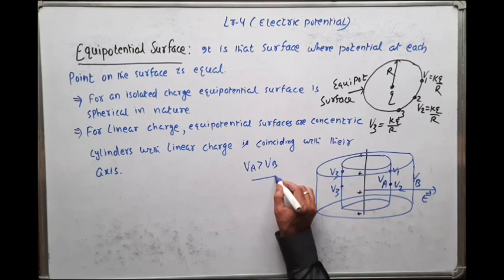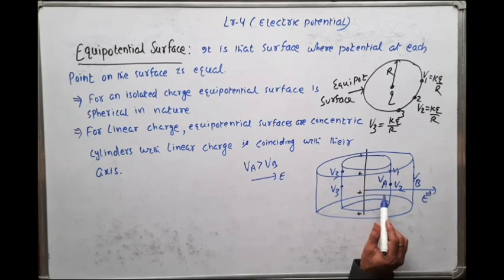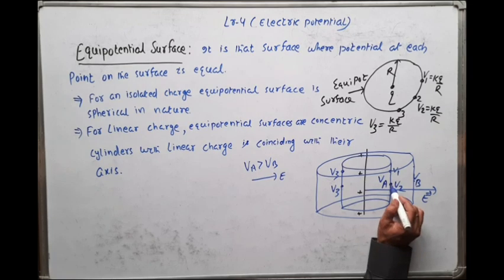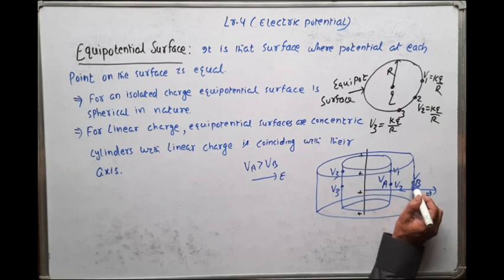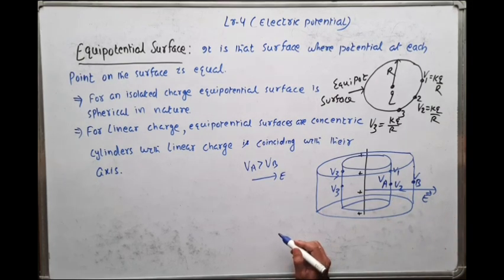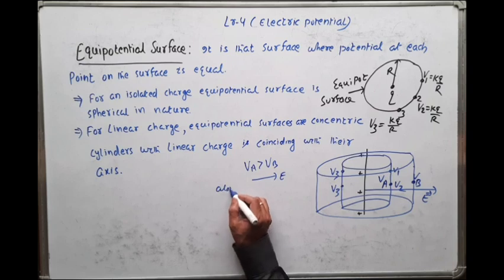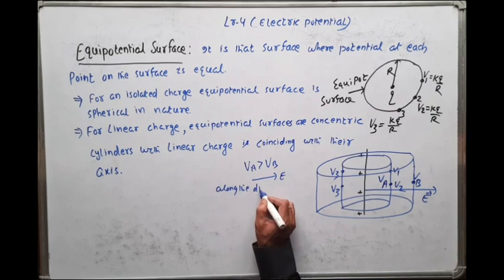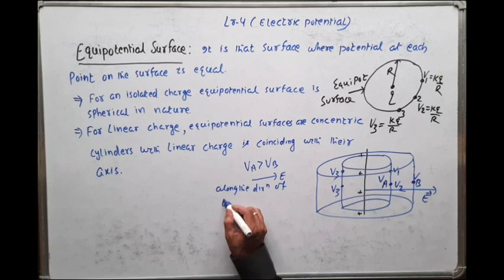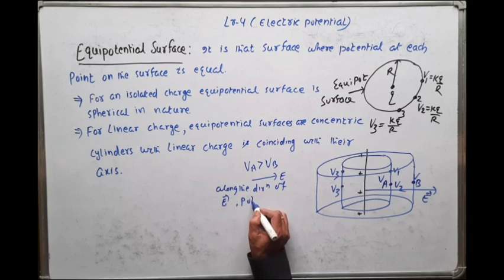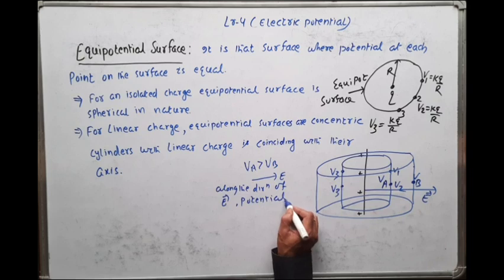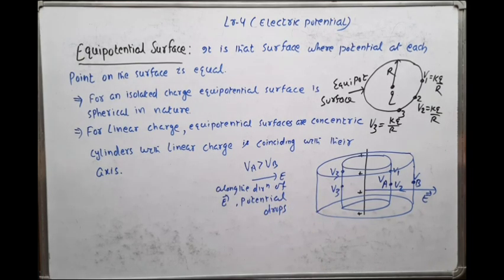So what we observe here is that the potential is more here and less there. That means along the direction of electric field, potential drops. This concept I also gave in the last video. So this is about the equipotential surface.